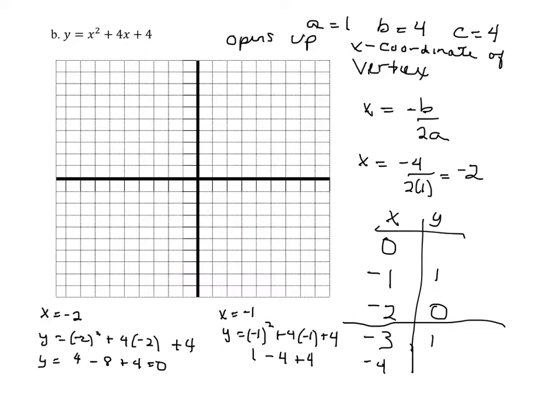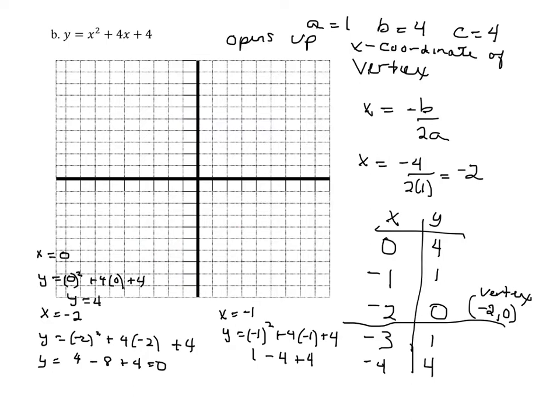Now let's do one more. Let's plug in 0. So when x is equal to 0, we get y is equal to 0 squared plus 4 times 0 plus 4. So y is equal to 4. Bam-a-lamb, I got the other one. So where's the vertex? The vertex is negative 2 comma 0. That's my vertex.